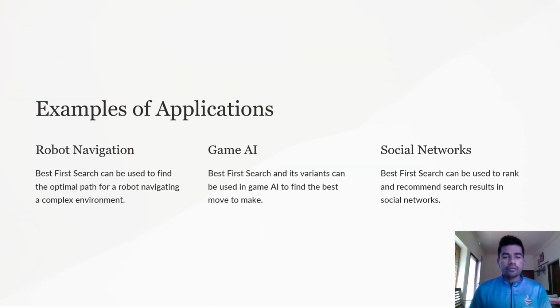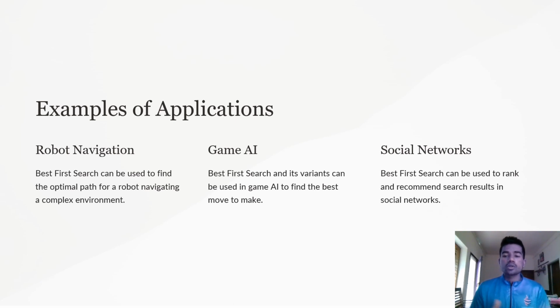And we want to discuss its applications. The main applications are in social networks itself. Whenever we get recommendations according to our searches in our browsers, it is happening because of best first search.